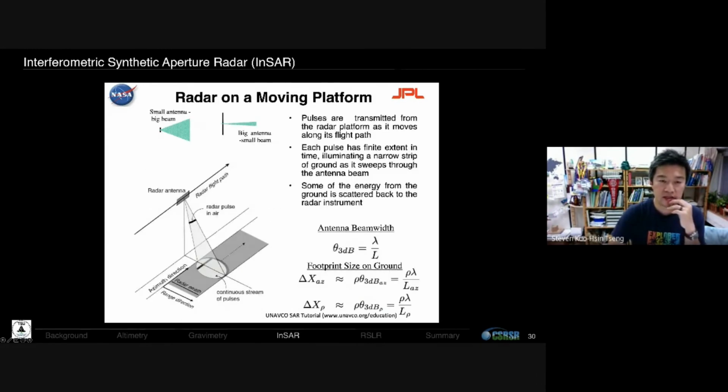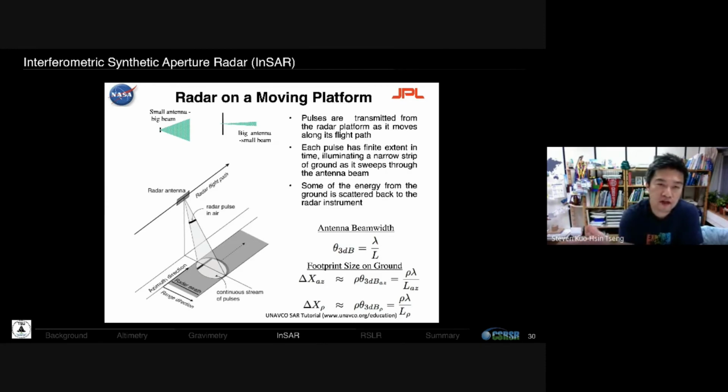And again, this radar platform has an along-track and a cross-track coordinate system. Along track we call azimuth, and cross track we call range. As I said, when the signal returns perpendicular to the cross track, this is called the zero Doppler.